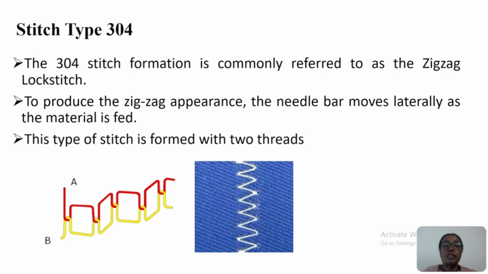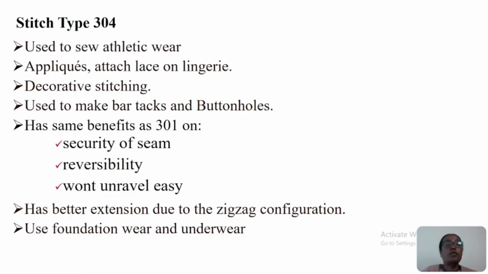So this is the type 304 and it is a zigzag stitch. The 304 stitch type is used to sew athletic wear, to attach lace on garments, as a decorative stitch, and to make bar tacks and buttonholes.